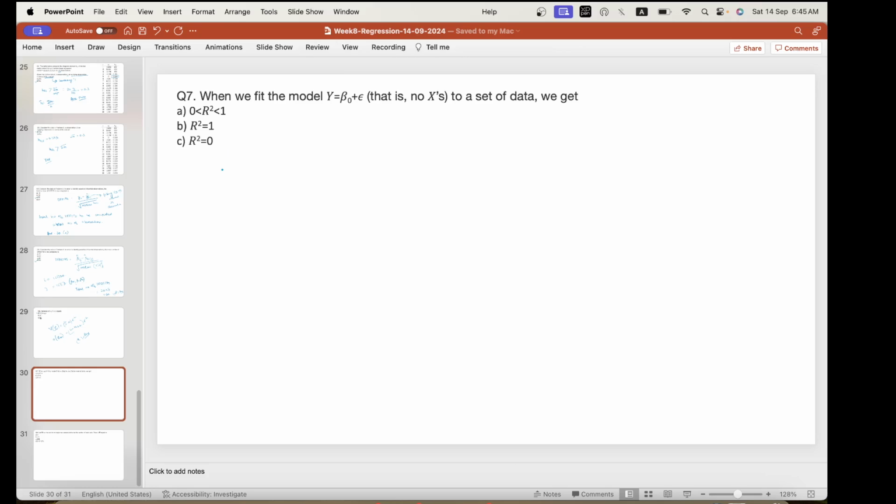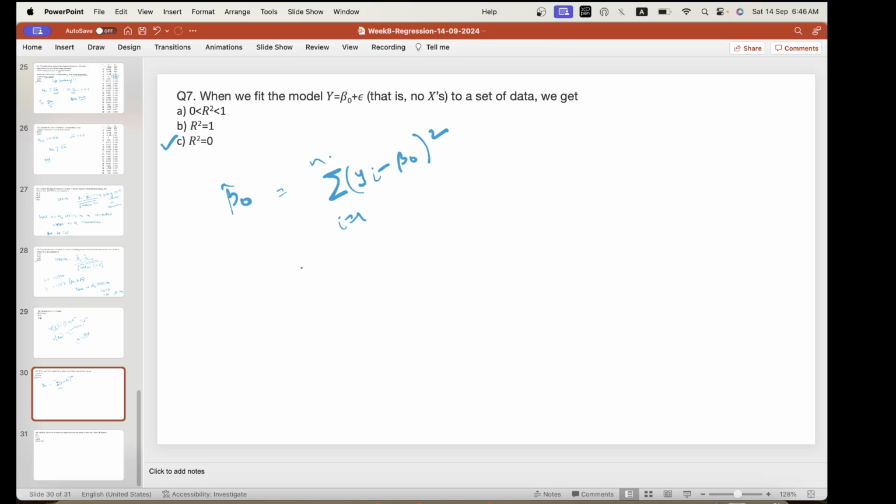R square is the proportion of variance in y explained by x's. Now in the absence of x's, R square should be 0. But how do we do this formally? So if we have to find out beta naught hat, we have to minimize the summation of (yi minus beta naught) whole square, i equal to 1 to n.